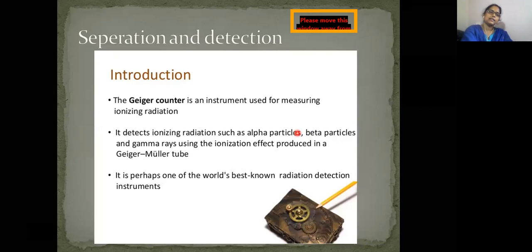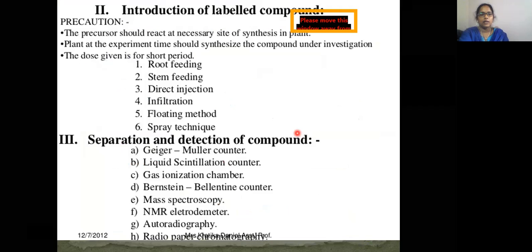So the next step is separation and determination of radio labeled compounds. Before going to this, let us see the different equipment or detectors available for the detection of radio labeled compounds. Here we have the Geiger-Müller counter, liquid scintillation counter, gas ionization chamber, autoradiography, and radio paper chromatography.